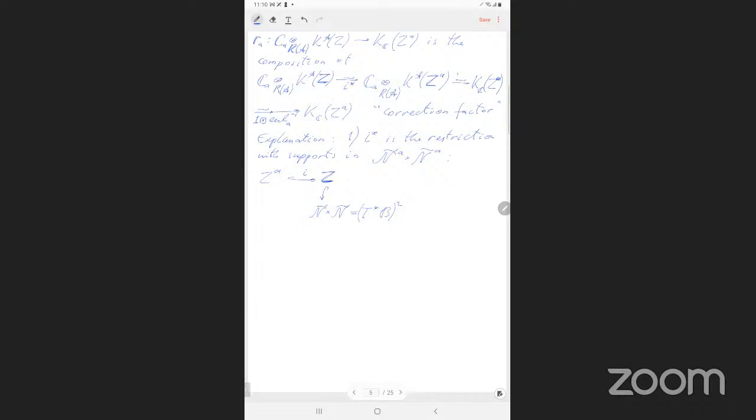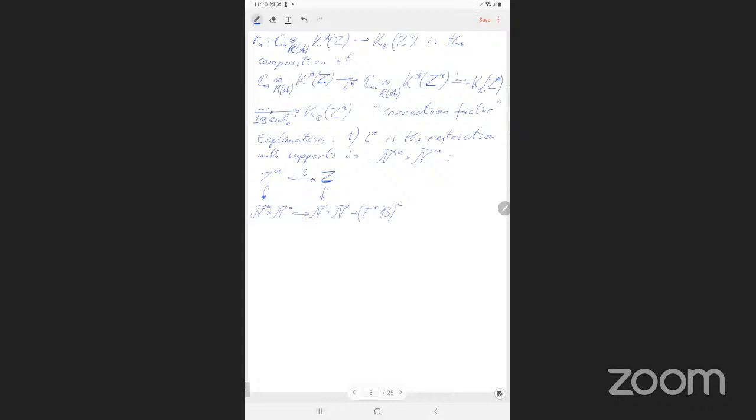And similarly, the fixed point set is embedded into the square of fixed points in this cotangent bundle. That is in turn embedded into the non-fixed points.